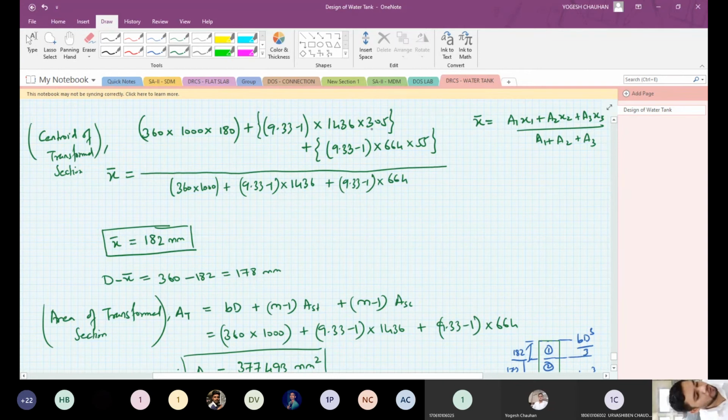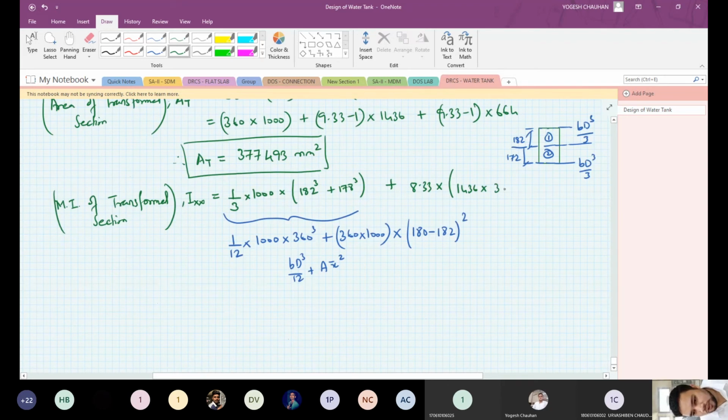So 305 square minus 182, so 305 minus 182 square.